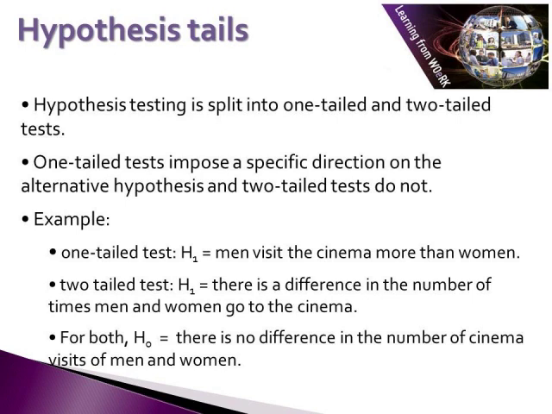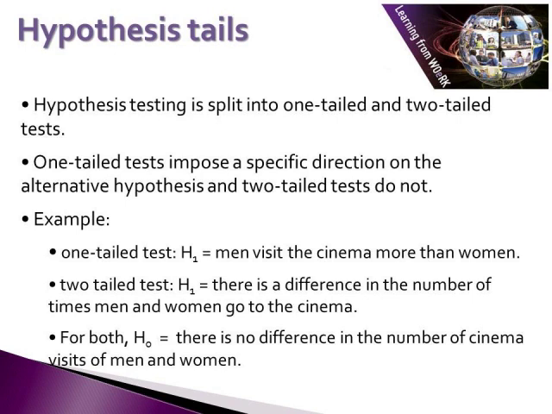In a two-tailed test, our alternative hypothesis, H1, is that there is a difference in the number of times men and women go to the cinema, but we are not expressing a direction whether that difference is more or less. For both, H0, or our null hypothesis, would be that there is no difference in the number of cinema visits for men and women.